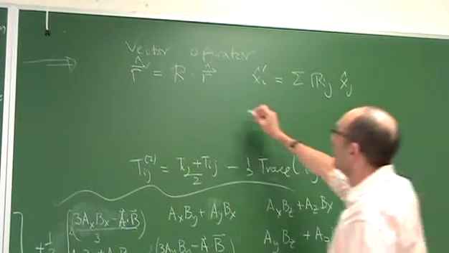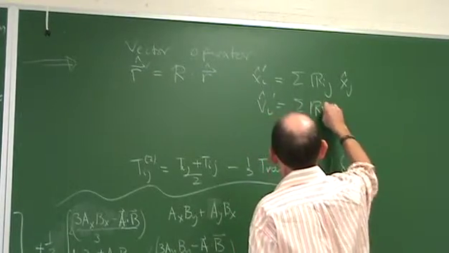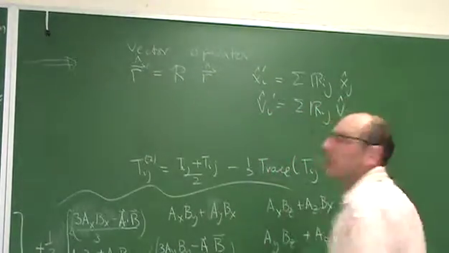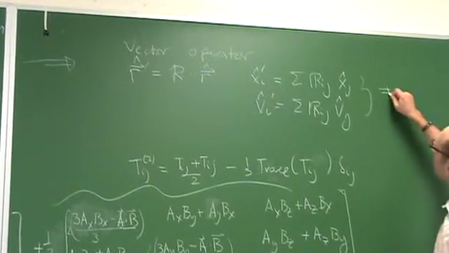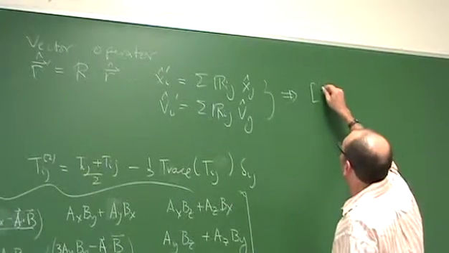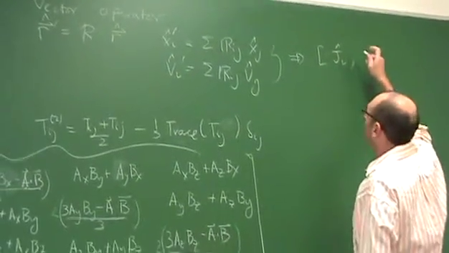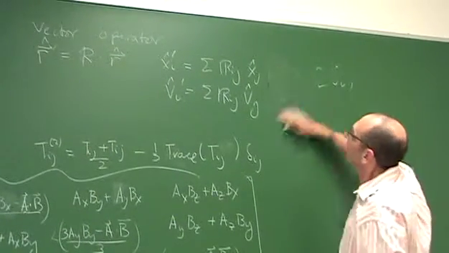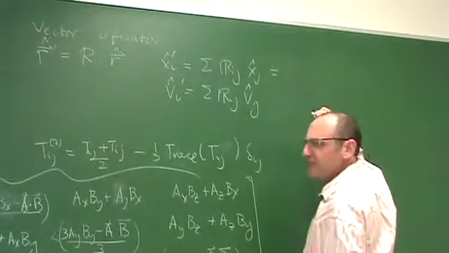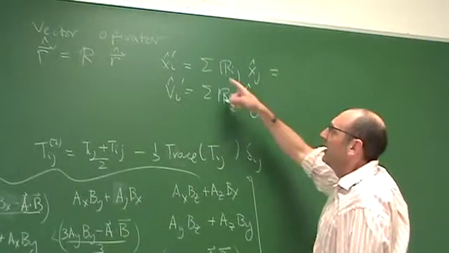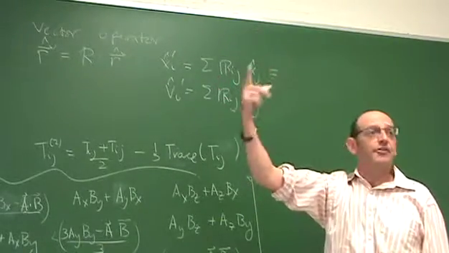And more generally, we had this expression. And then we said this is equivalent to saying that the vector operator... I should say that this is where it gets confusing. We have the three observables, x, y, and z.